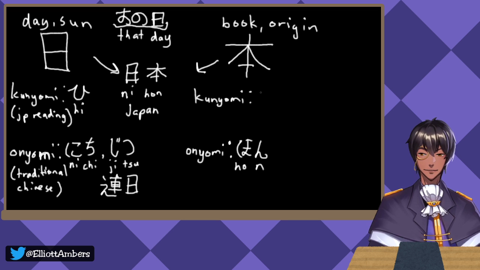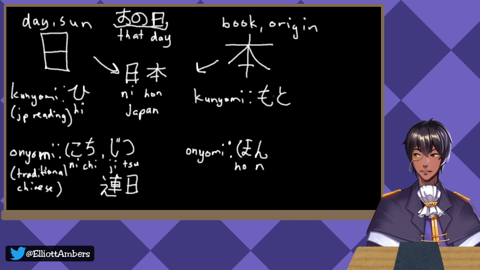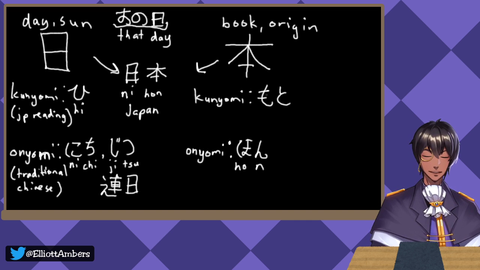While the kunyomi reading of this is moto. And typically when you say moto, the context there is usually when you're talking about the origin of something. As far as from what I've recognized, I want to look up some actual vocab words here because I just want to make sure I can pull up some good examples with book.